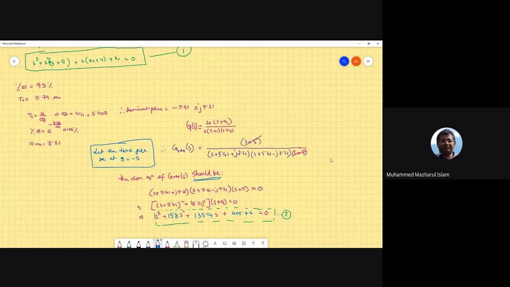So maybe I can write it to the right so that you can see. Comparing equations 1 and 2, we get K1. The last one is easier. K1 is equal to 405.72. Then K2 is equal to 135.14 minus 5. So that will be 131.14.